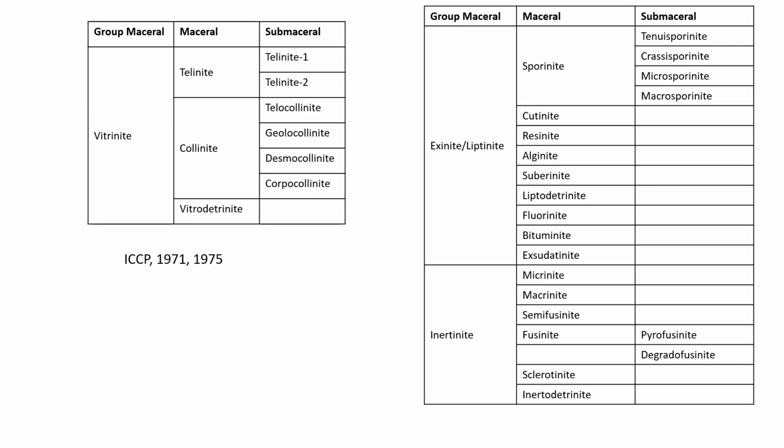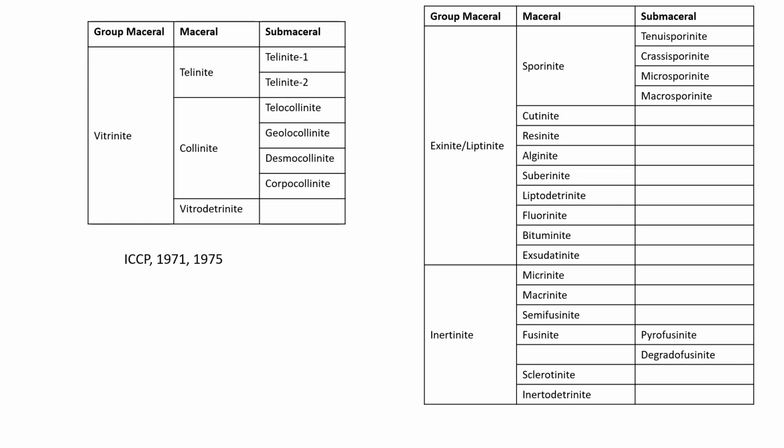Now this is the detailed classification of the maceral groups, wherein the ICCP, International Commission for Coal and Organic Petrology, gave the detailed classification of the three maceral groups in 1971 and 75. The vitrinite group at the maceral level was classified into three: telinite, collinite and vitrodetrinite.